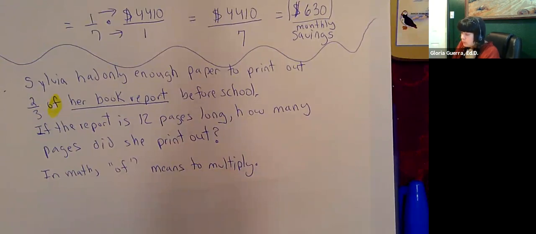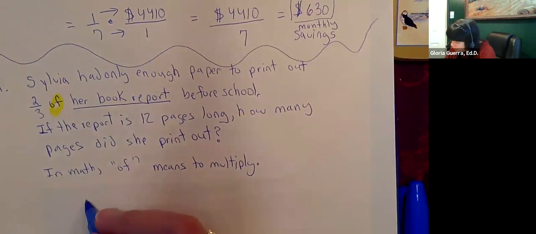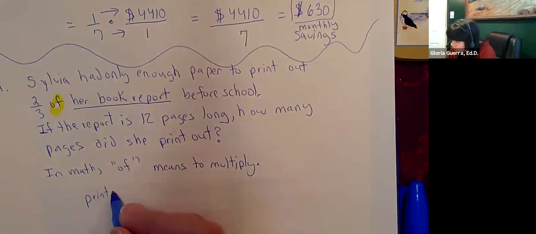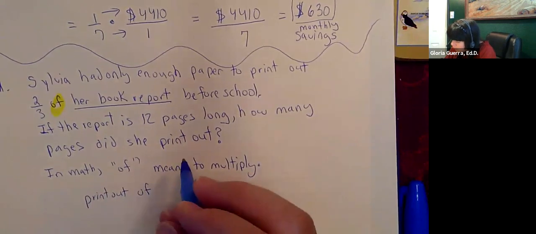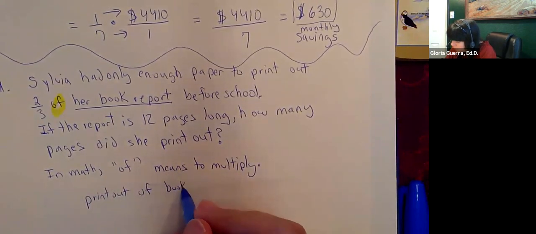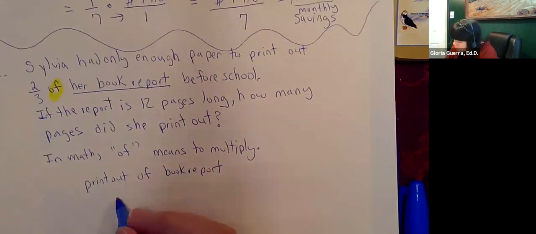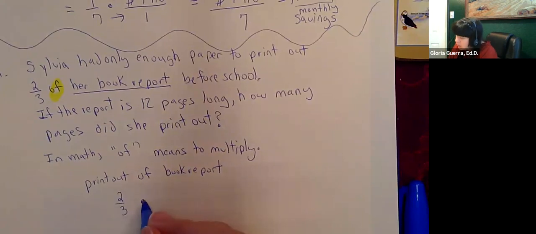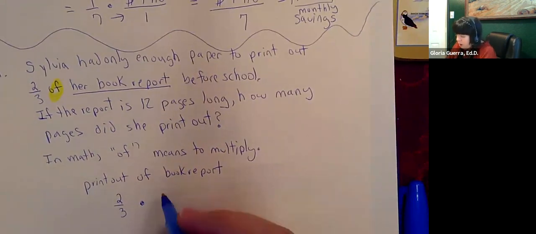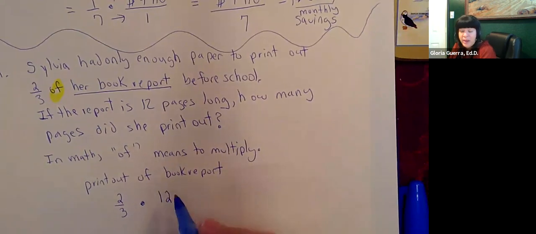Okay, so here we've got her printout. She had her printout, which was 2/3, of her actual book report. So her printout was 2/3 times her book report, which was 12 pages.